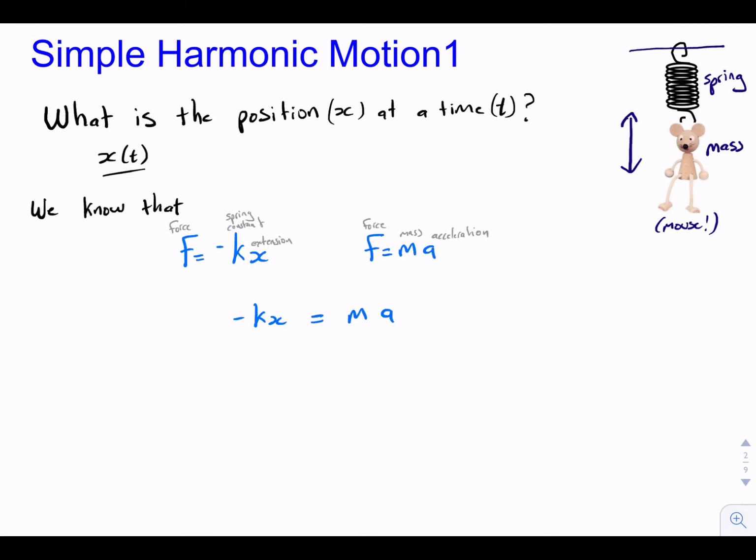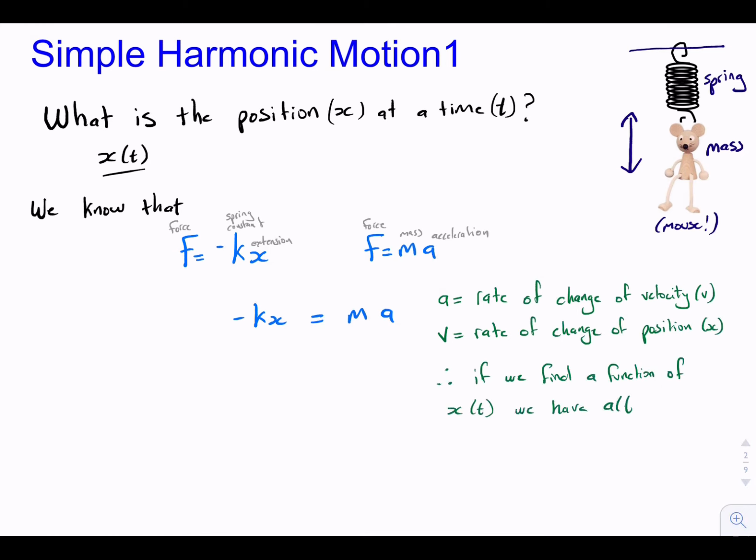acceleration. But you may recall from mechanics that we can find acceleration if we know position. Remember that a, acceleration, equals the rate of change of velocity v, and v equals the rate of change of position x. Therefore, if we find a function x of t, we have a of t.